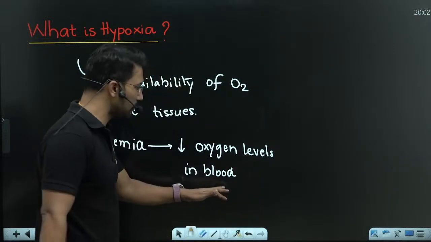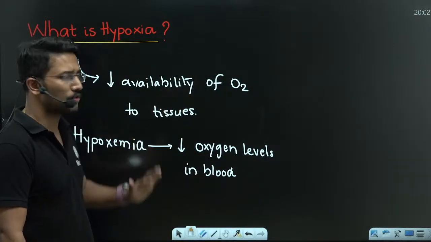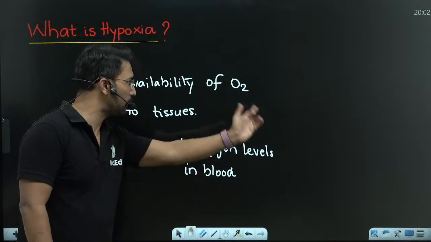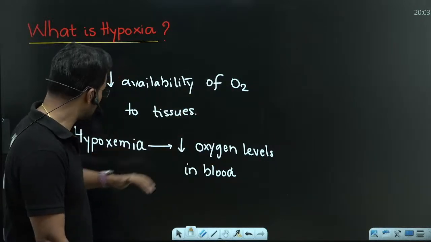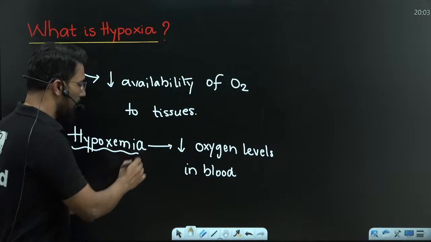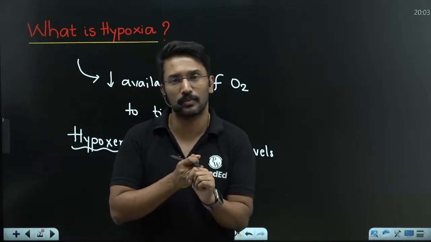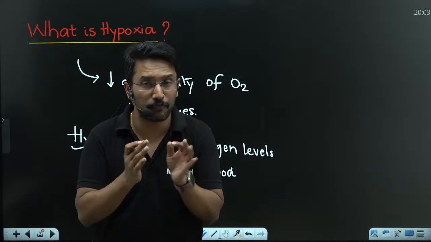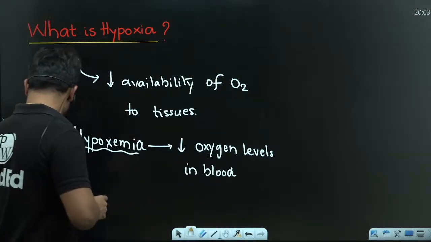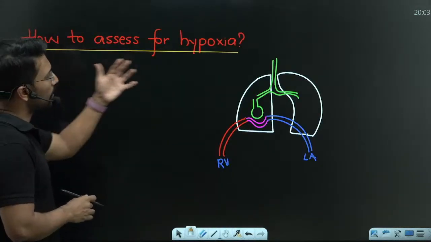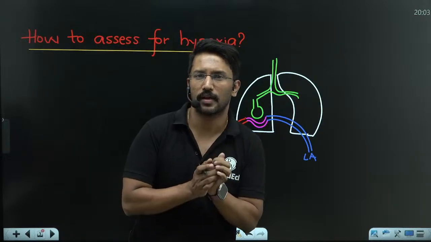So if the blood oxygen level is low, that can lead to hypoxia for sure. Hypoxemia always leads to hypoxia, but hypoxia can happen even in the absence of hypoxemia. I may have normal oxygen levels in my blood, still my tissues may be deprived of oxygen, right? Clear?